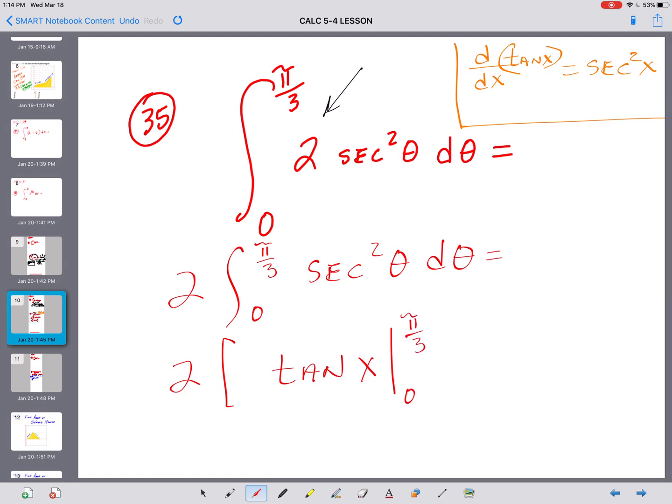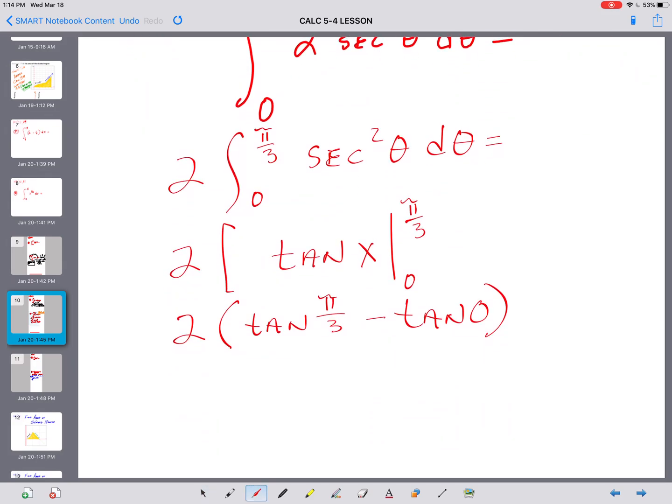Now, notice what you see here. You see 2 times. So I'm going to go 2 parenthesis. Now I'm going to go tangent of the top one, pi over 3, minus tangent of the bottom one, 0. Okay, let's see if we got a little room. 2 times. Let's do that in our calculator here. Okay, we're in radians. Looking good. Okay, now let's go tangent of pi over 3.